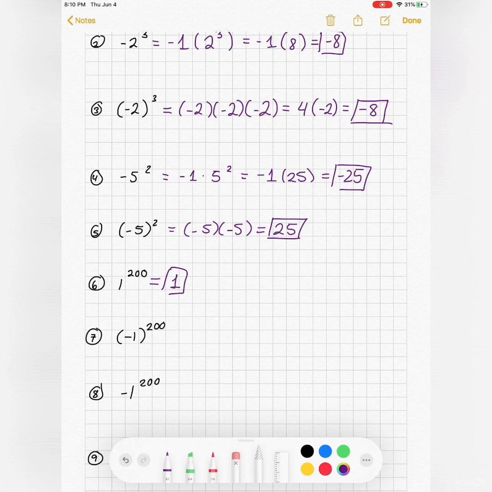Now I have some big exponents. Let me think about this. In this one I have that -1, and the whole quantity is under the exponent. So that means I have to take -1 and multiply it by itself 200 times. Well, what is going to happen? Notice that this is an even exponent.